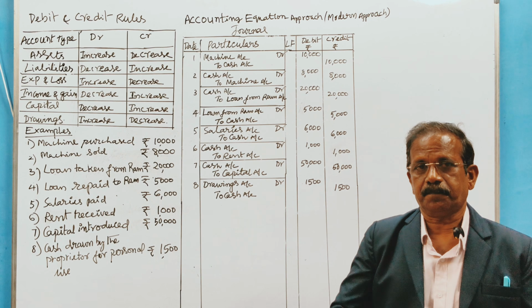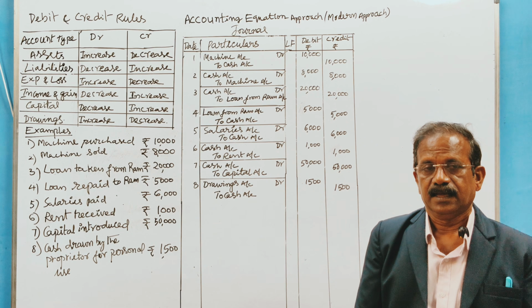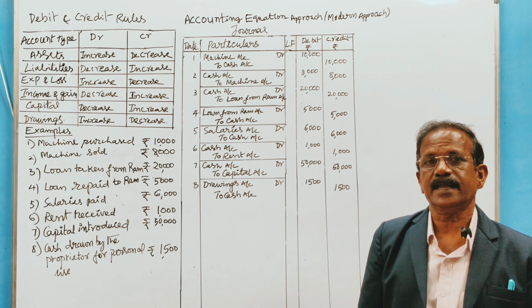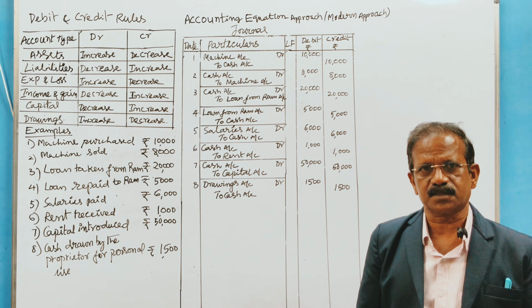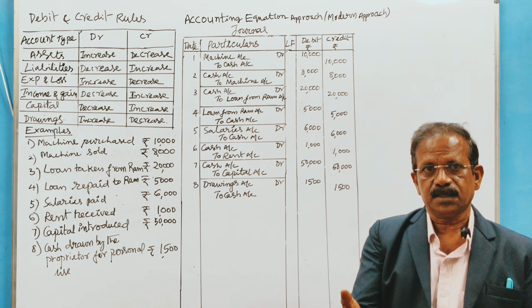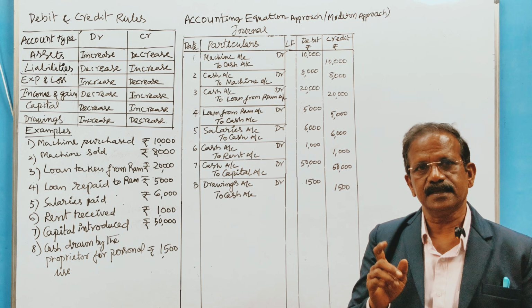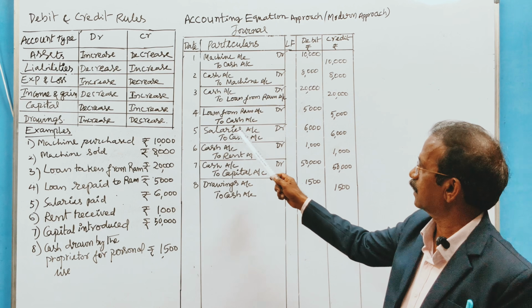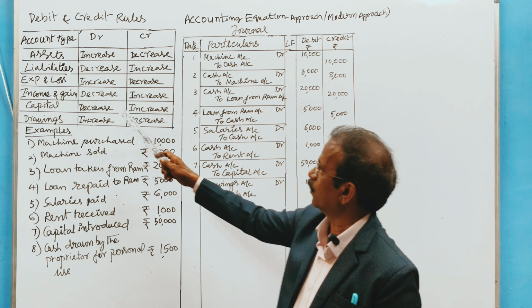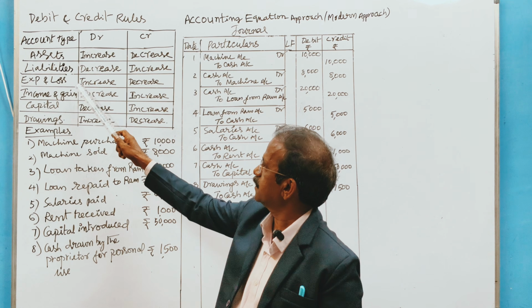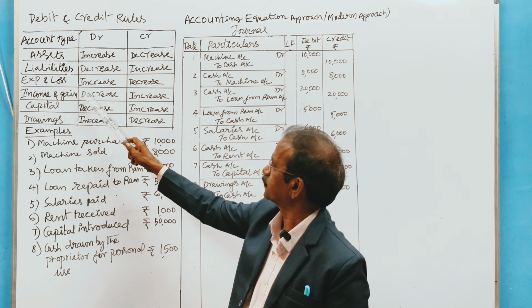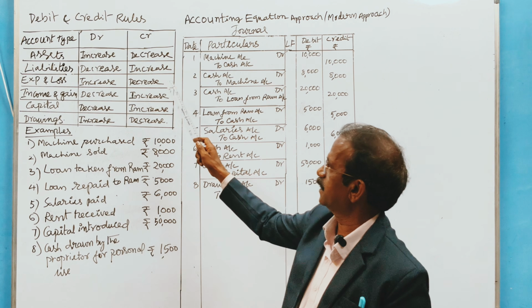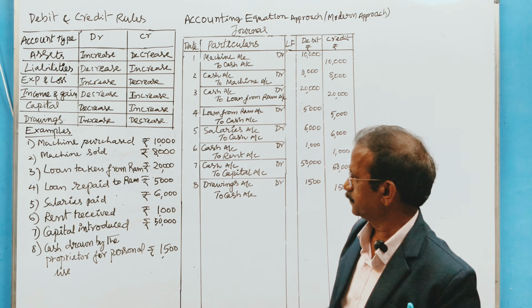It means we are paying salaries, the salary will not come back to us. It is an expense. Any amount which you pay which will not come back is an expense. That's why salary account is debited according to this rule: expenses and losses. Increase in expenses, debit, decrease in expenses, credit.